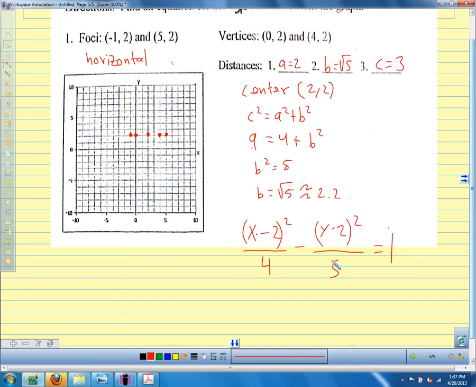Now to sketch a graph, what we're going to do is draw a little box between the two vertices, and we're going to go up and down to the conjugate vertices from the center, 2.2 units. I'm going to go up about 2.2 units from the center, just a little more than 2, down a little more than 2, and draw this little box in here.